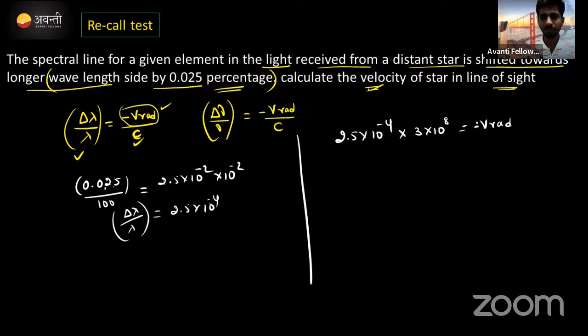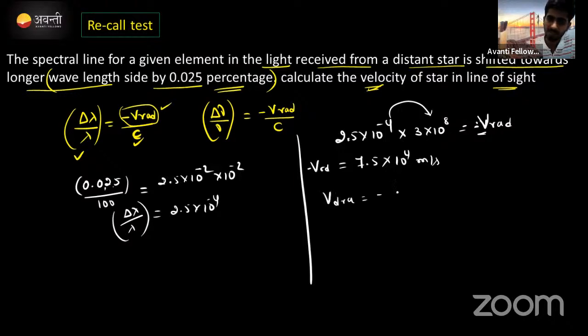Then 2.5 into 3 is 7.5, and 10 to the power of minus 4 plus 8 is 10 to the power of plus 4. Velocity will be in meter per second. Or else we can write V radial is equal to minus 7.5 into 10 to the power of plus 4 meter per second.